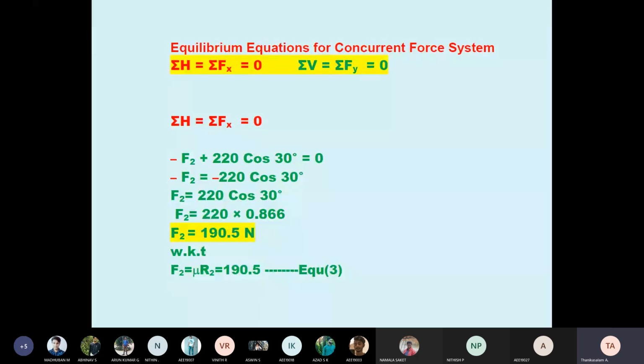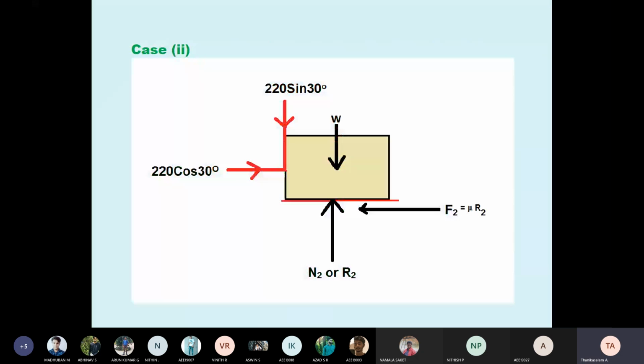Louis, are you there? Yes, sir. Are you following with me? Yes. Do you understand this problem, case 1, case 2? Yes, sir. Arun Kumar, are you there? Yes, sir. Is this problem understandable? Yes, sir.